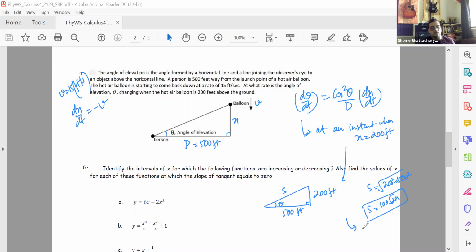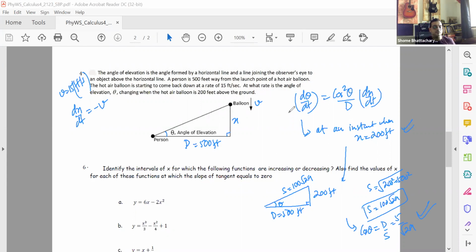So cos theta is d by s. So it is 5 by square root of 29. So we have to use this value of cos theta, and we have to use this value of dx by dt.